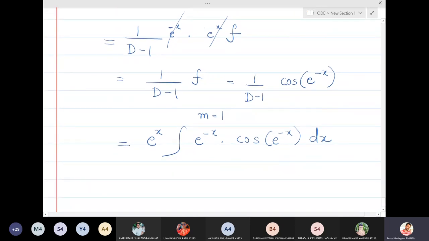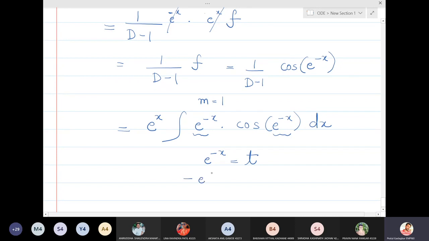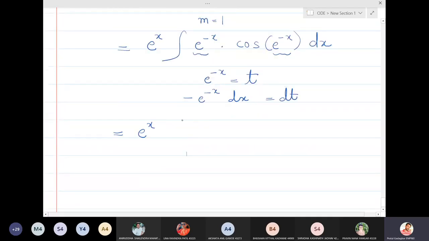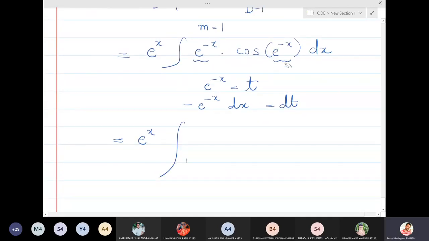And how will I solve this particular type of integration? I know that e raised to x is occurring twice. So why don't I substitute e raised to minus x equal to t? If I do that, I'll get minus e raised to minus x dx will become dt. Correct. So this eventually means that e raised to x is as it is in the integration, and e raised to x into dx, this product can be replaced by minus dt, and this will become cos t, correct?